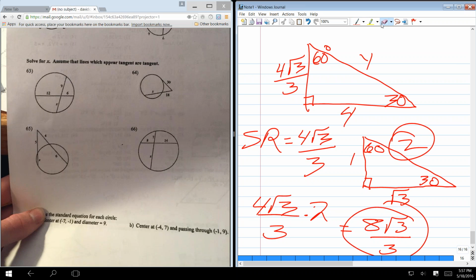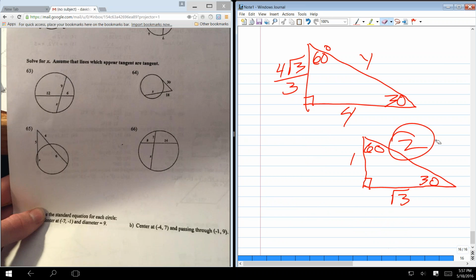So on your note card, as long as you understand this concept of similarity ratio, I'd still put that triangle on your note card as well as the 45-45 right triangle, which is 1, 1, square root of 2. As long as you know these two triangles, then given anything that is similar to either of these, you can figure out the sides as long as you get the similarity ratio.